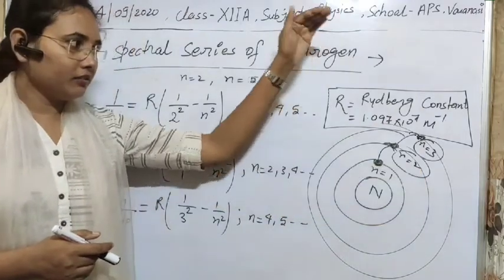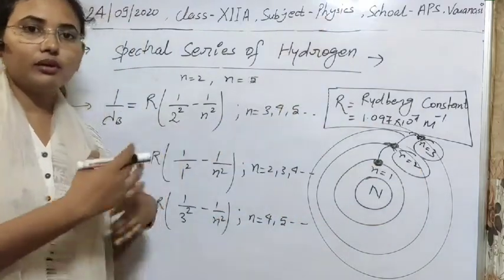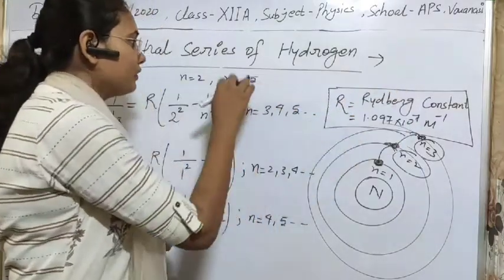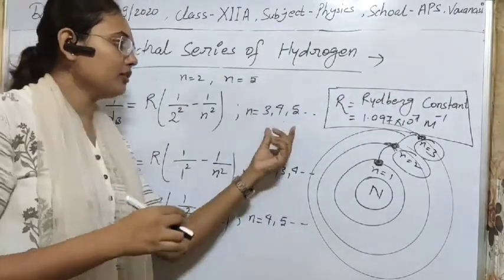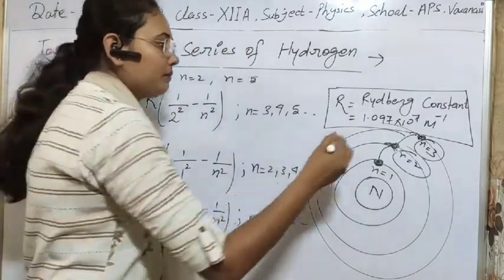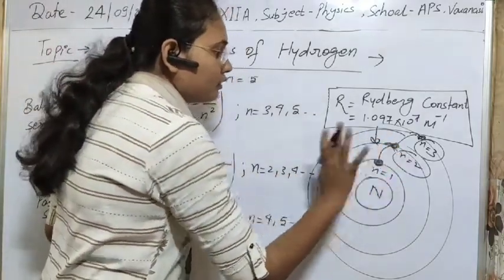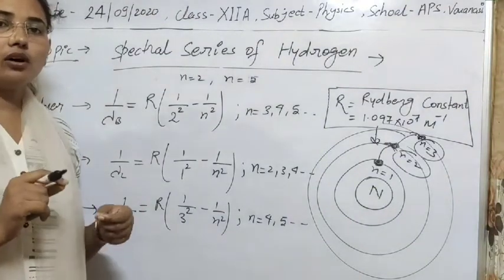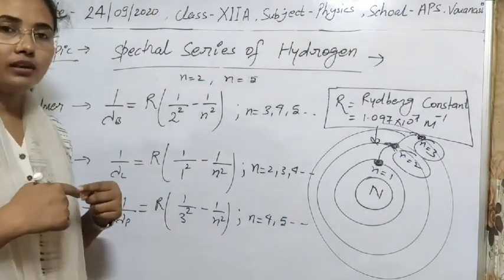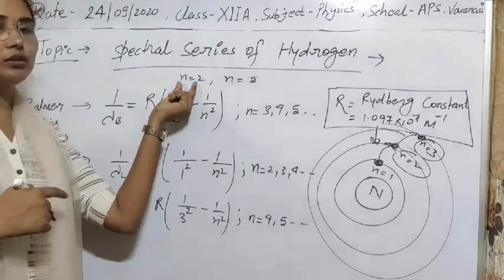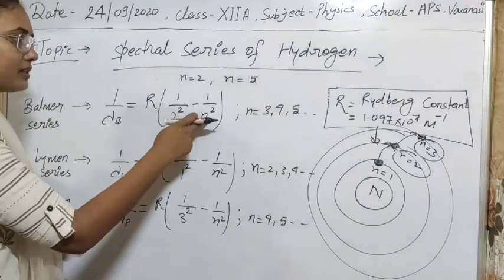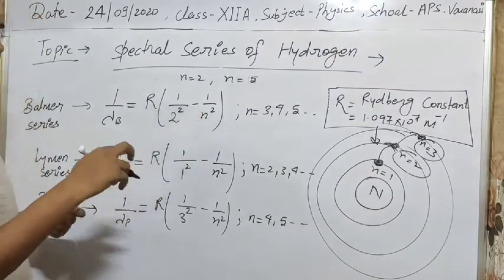To emit visible light, it comes from n equal to 3, n equal to 4, n equal to 5 to n equal to 2. Simple. The final or initial destination of the electron will be n equal to 2, the second orbit. So this value is fixed, and this value can vary in the case of absorption.